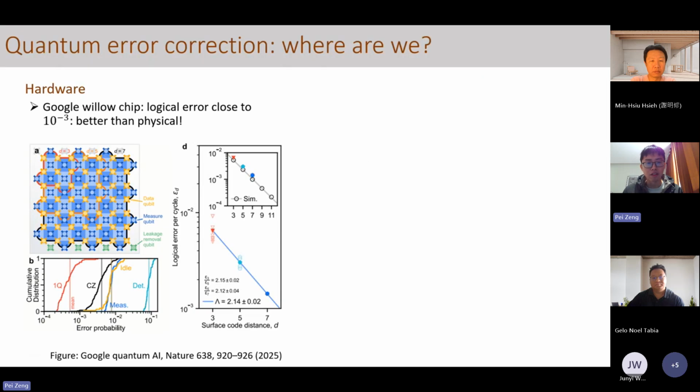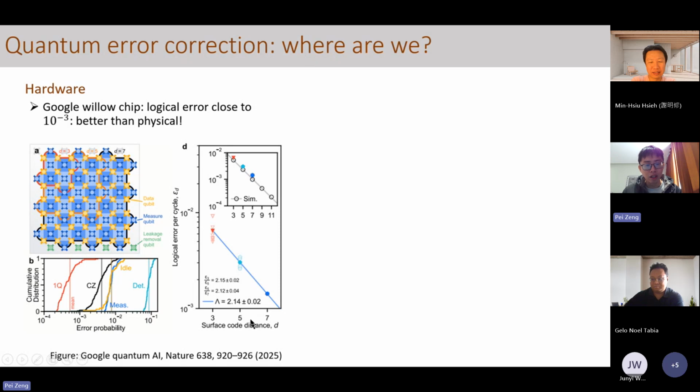So where are we at this moment? We know for Google's Willow chip, we can achieve a logical error below the physical error rate, in last year's demonstration. And I recently learned they also made this logical error even lower because they improved the gates.